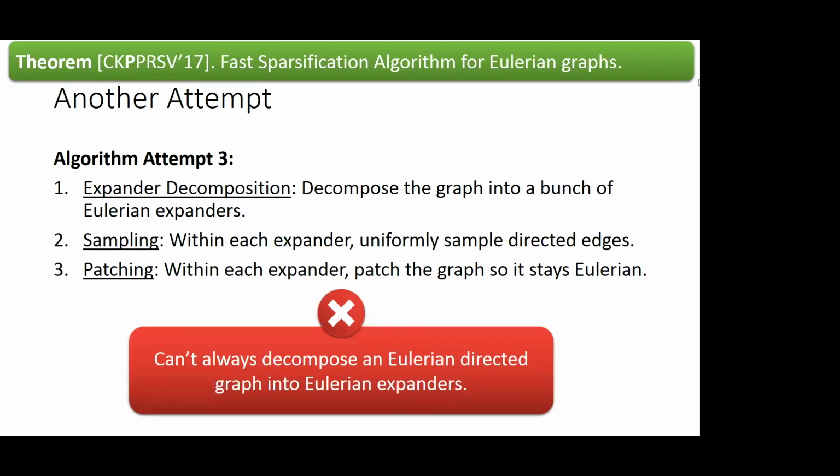Unfortunately, this algorithm still doesn't quite work because we can't always decompose an Eulerian directed graph into Eulerian expanders. An example of this is a directed cycle. You can't decompose that into small Eulerian expanders, because if you try to decompose it at all, you'll get non-Eulerian things that are, in fact, not even strongly connected.